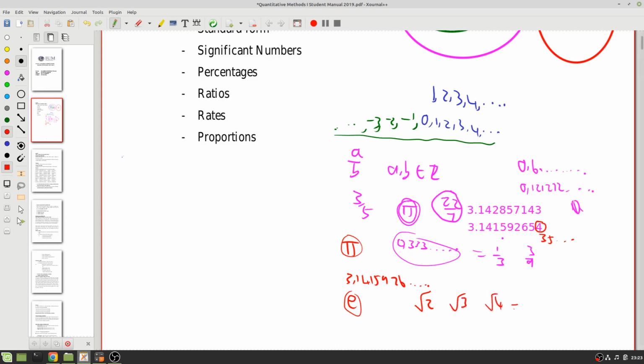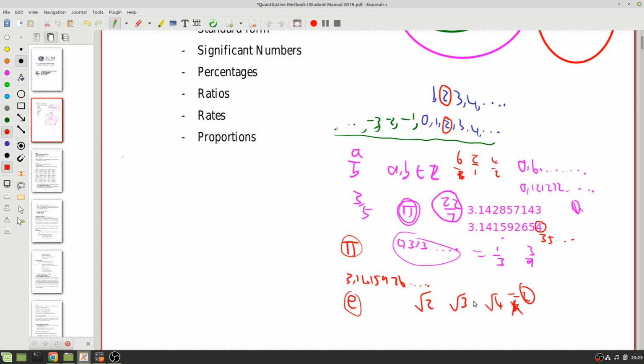Square root of 4, that's not irrational, right? The square root of 4 is equal to 2. And what do we know about 2? 2 is, like we saw here, a natural number, so it's also a whole number, which means it's also an integer. And any integer like 2, we can write that as 2 over 1, or 4 over 2, or 6 over 3. So we know it is a rational number.